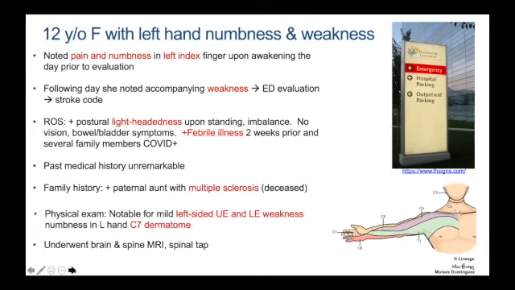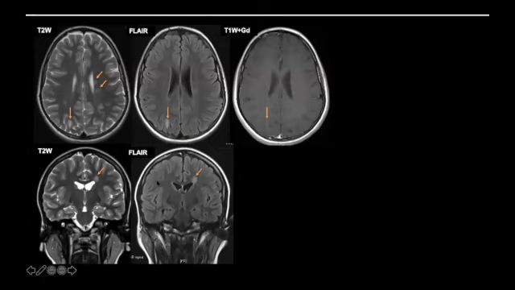So this prompted brain and spine imaging, as well as a spinal tap. These are her brain images, just a few of them to highlight some of the findings. For those who are not used to looking at brain MRIs, on the top here we have axial brain images where the patient is on their back and it's as if you're standing at the foot of the bed looking up.